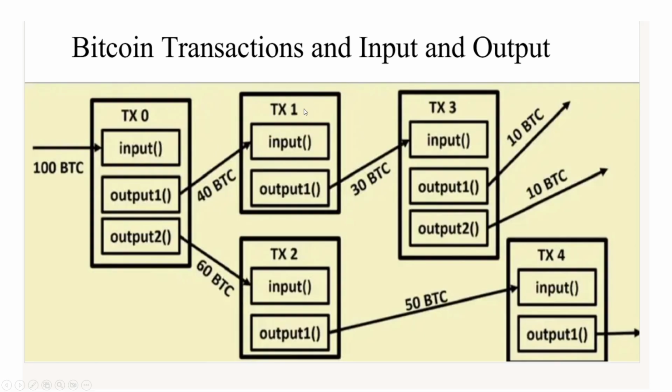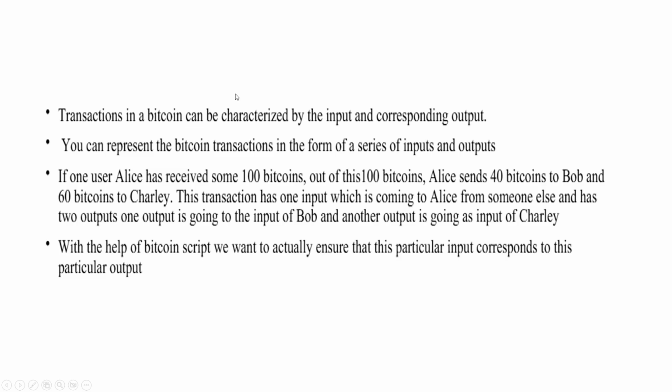Say out of this 40, when I gave to my friend Asha, she has spent again 30 Bitcoins to someone, and she owns only 10. And when Charles received this transaction, 30 Bitcoins, he is spending 10 to someone else. So at any point of time, you can go across these arrow marks and find out who owns how much. So a transaction in blockchain can be characterized by the input and the corresponding output. You can represent the Bitcoin transaction in the form of a series of inputs and outputs.